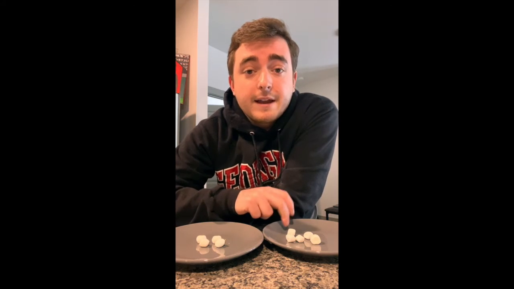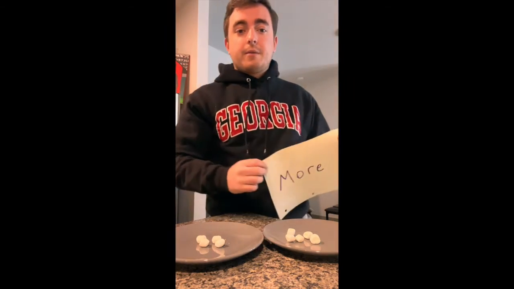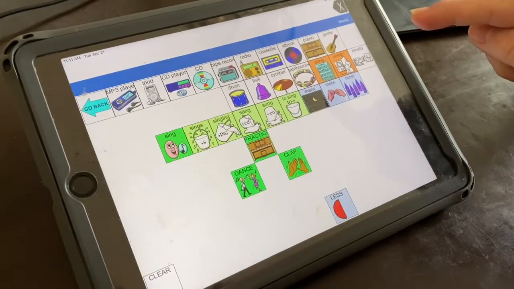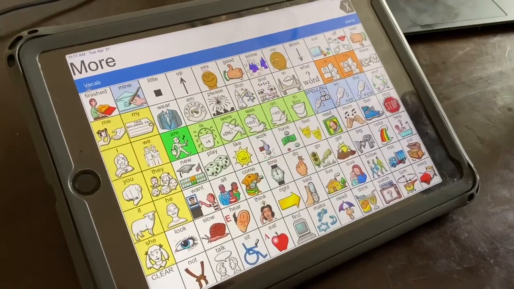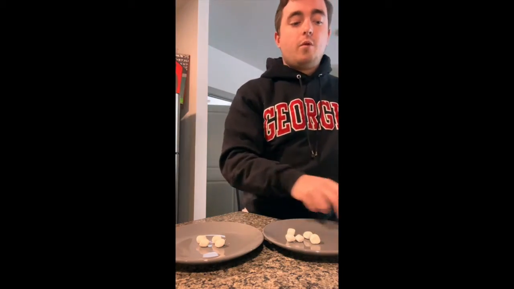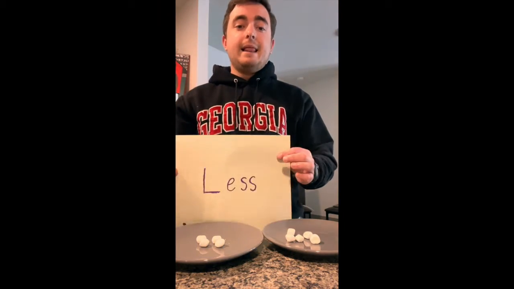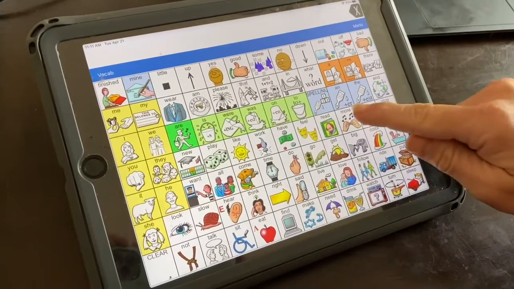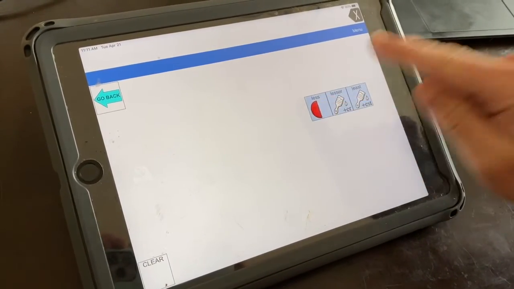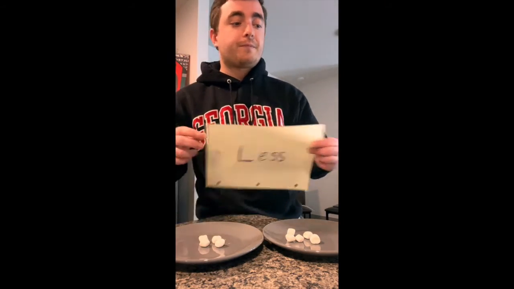So this group had 5, which means this group had a bigger number, which means it had more marshmallows. More. This one had more marshmallows. And if this one had more, that means this group was smaller. It had less marshmallows. Less. This group had less marshmallows.